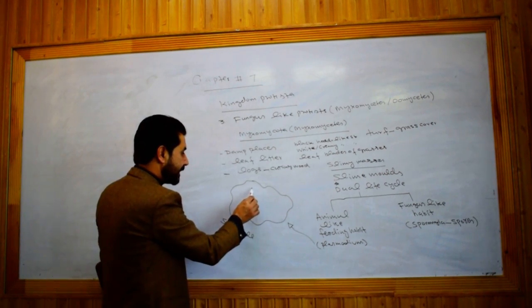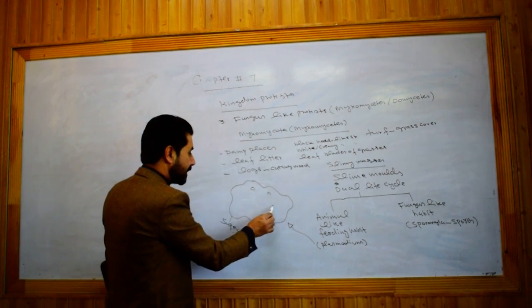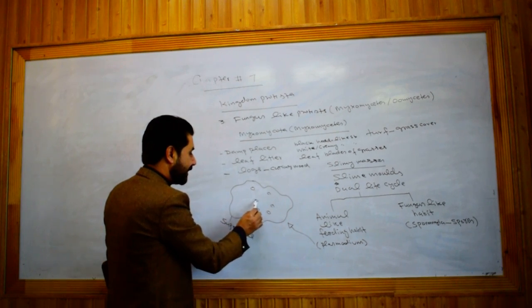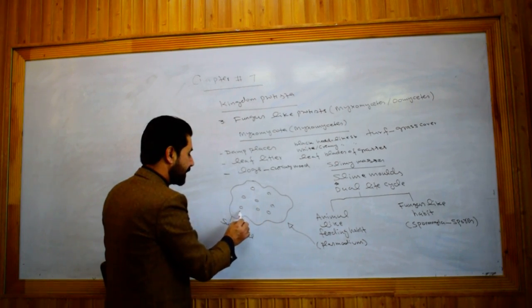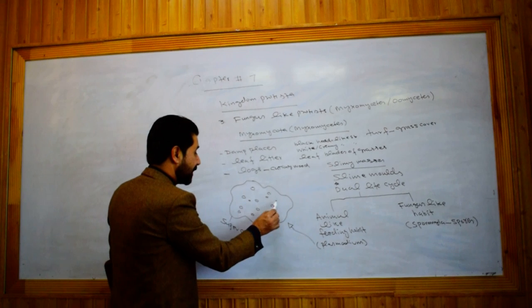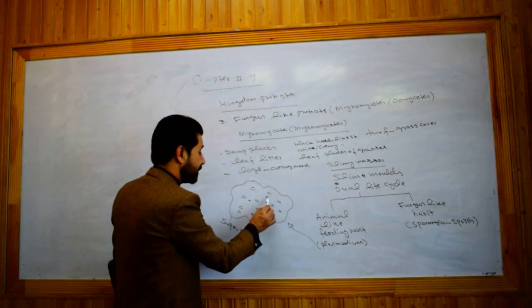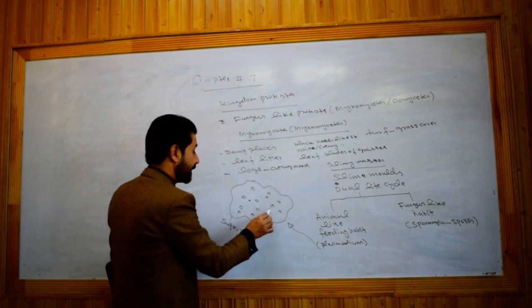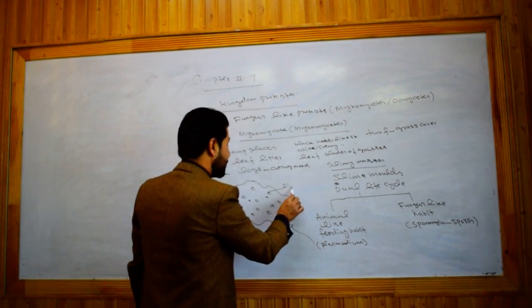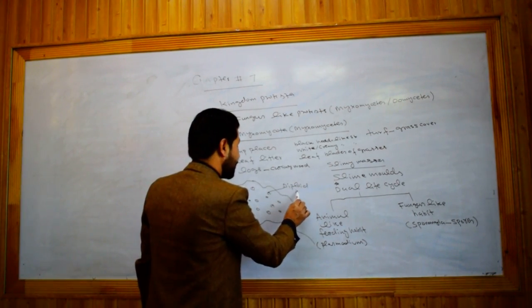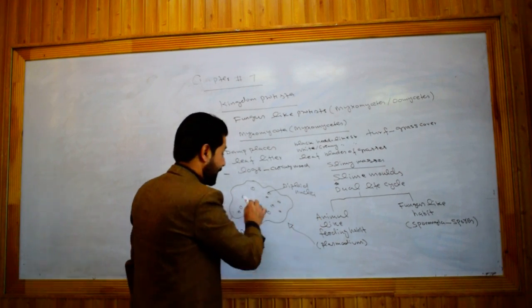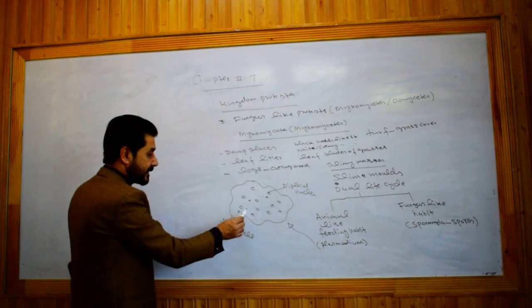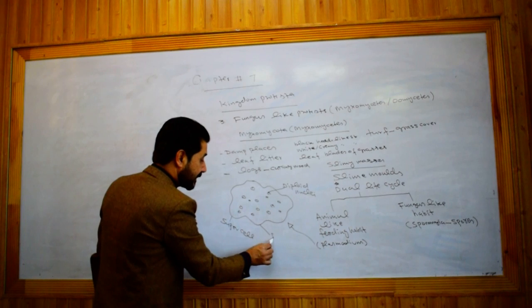Supercell, which contains many diploid nuclei. These are the different diploid nuclei, and this is a unicellular single cell.